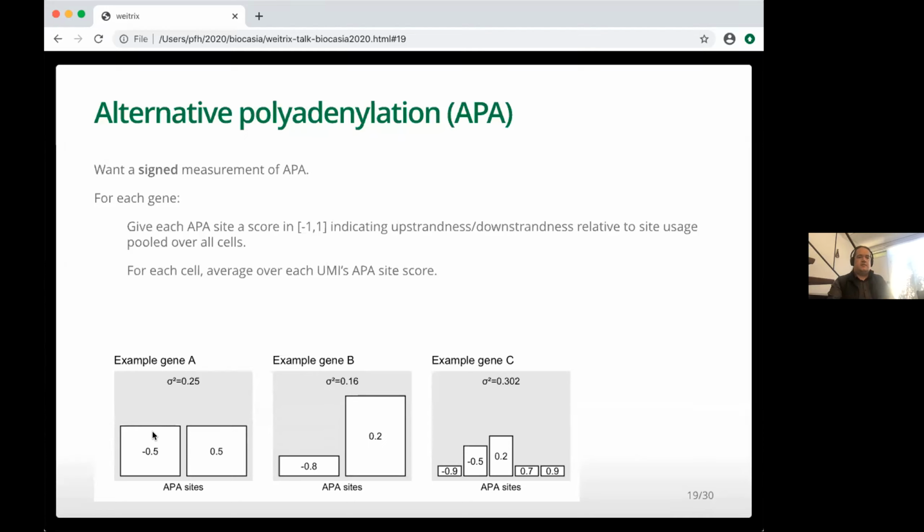So essentially, for each gene, give each site a score indicating upstreamness or downstreamness, and then each UMI belongs to a particular site, and then for each gene in each cell, calculate the average of the scores of each UMI. But anyway, I came up with something, it measures something I'm interested in.